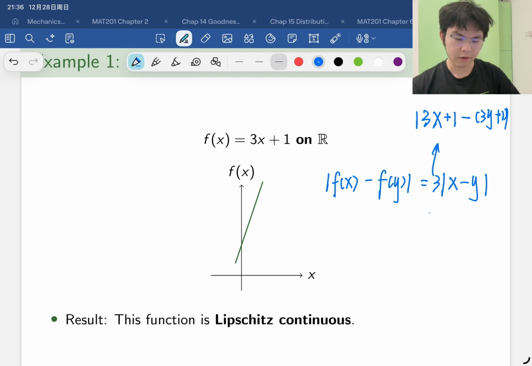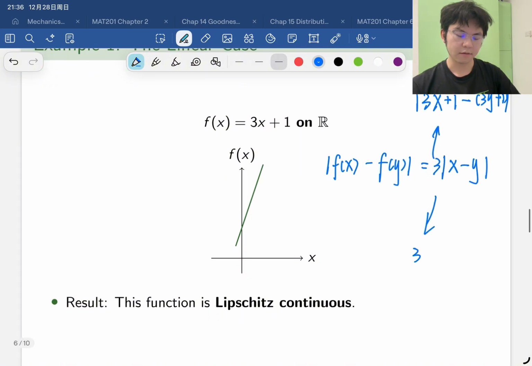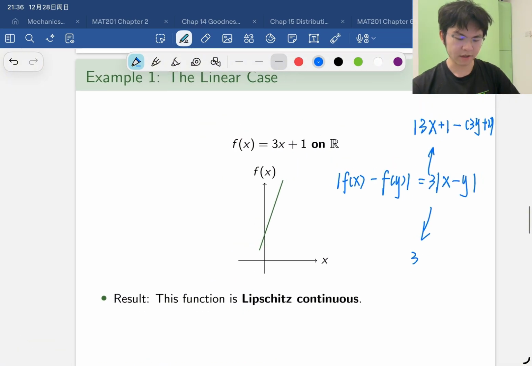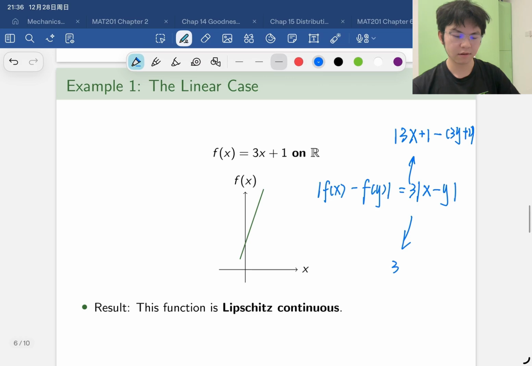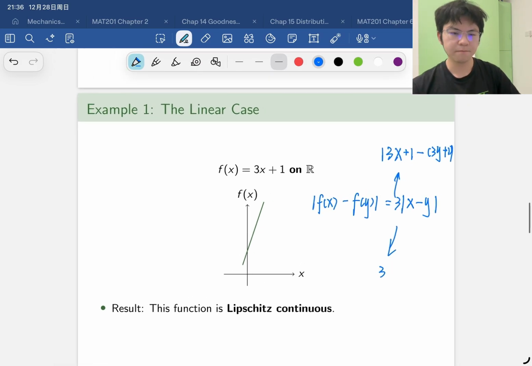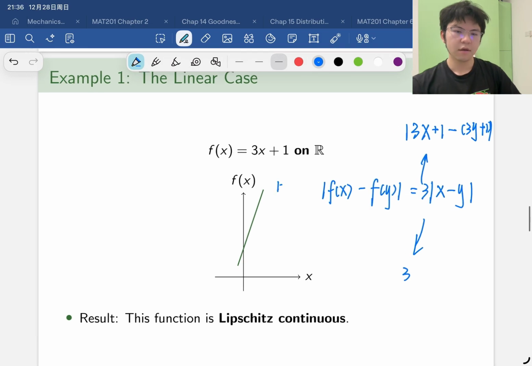From this form, we can see the Lipschitz constant is 3. So f(x) is Lipschitz continuous. This makes perfect sense because the slope of a line is constant, and here the slope is always 3. It is obviously bounded, so every linear function is Lipschitz continuous.